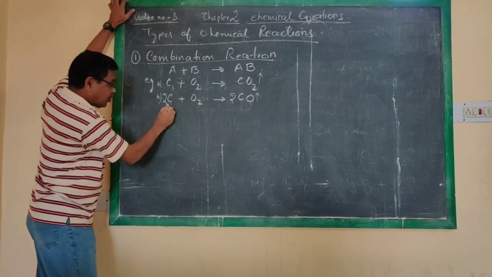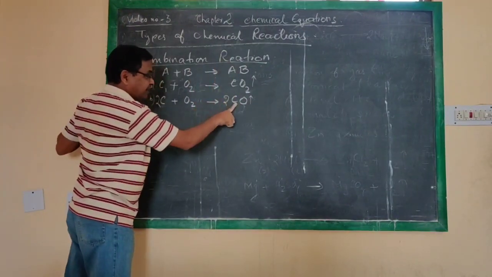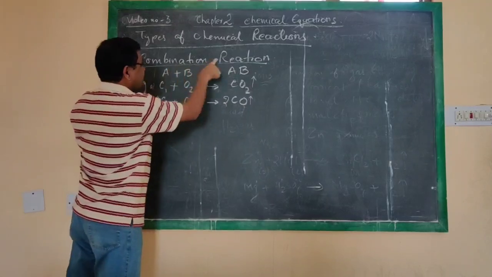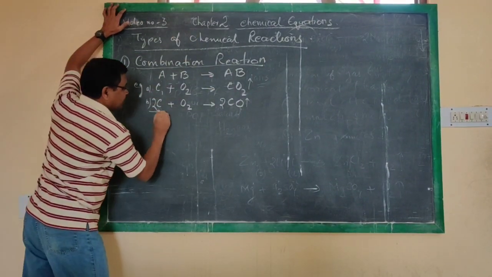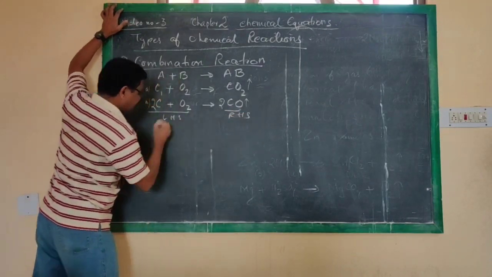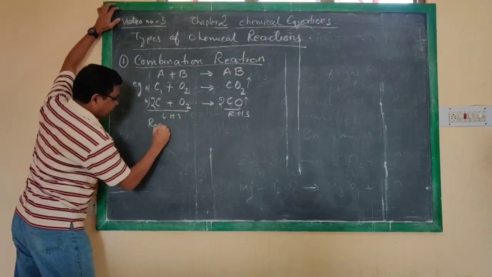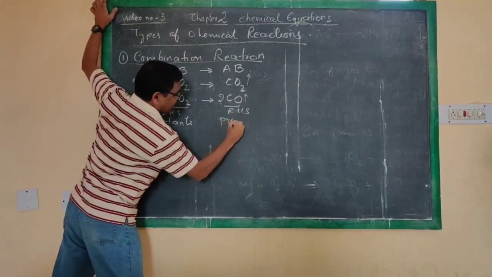So two elements produce one single product, which is called a combination reaction. This is the LHS side and this is the RHS side. The LHS side we call the reactants and the RHS side we call the product.